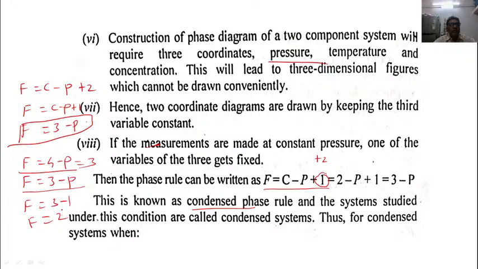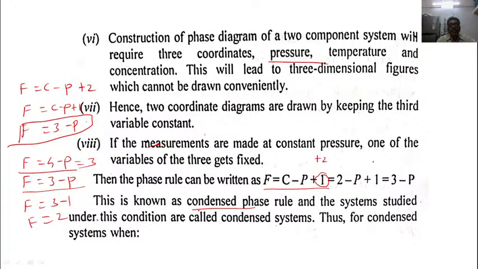So we can see the effect of the two variables, like pressure, temperature, concentration. We can change the two variables and we can draw the diagram. That's why the condensed phase rule is applicable for two component systems. So we have changed the rule here, and the new rule is called the condensed phase rule.